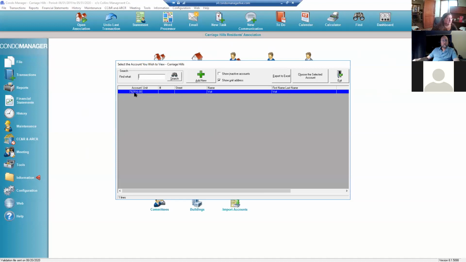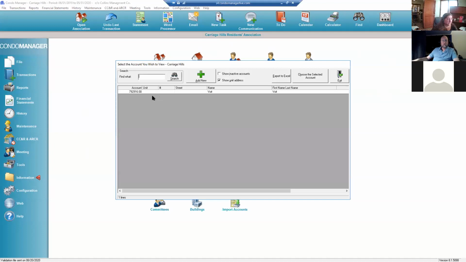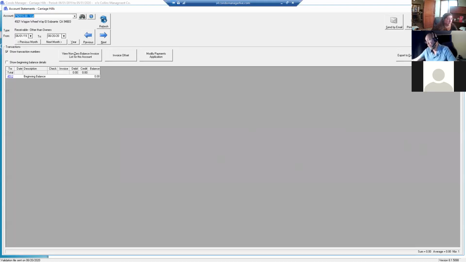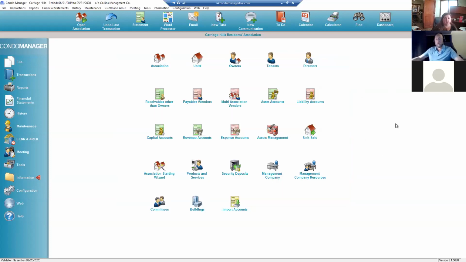You can find the details of that owner under receivable other than owners. So then that will give you their statement just as you would see for the owners. Because they're no longer an owner or because they're in bankruptcy, we totally separate them out from the current owners. But that's where you can find that information when you're looking for it.